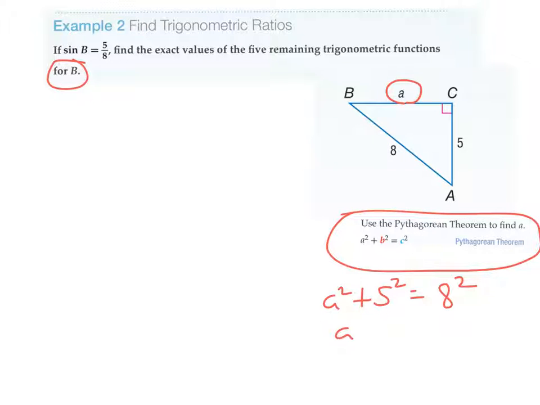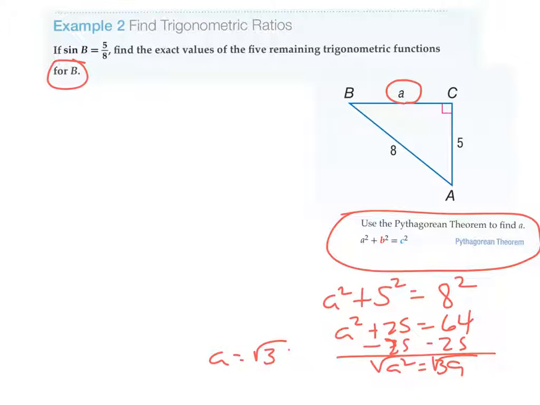So we get a squared plus 25 equals 64. If I subtract 25 from both sides, I get a squared equals 39. If we take the square root, we end up with a being the square root of 39.